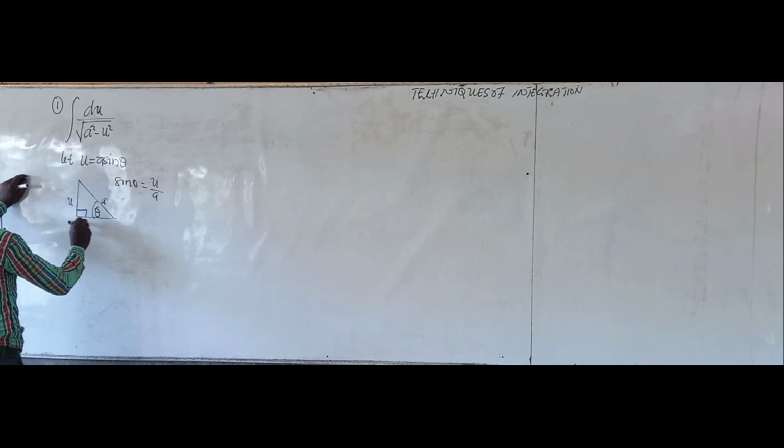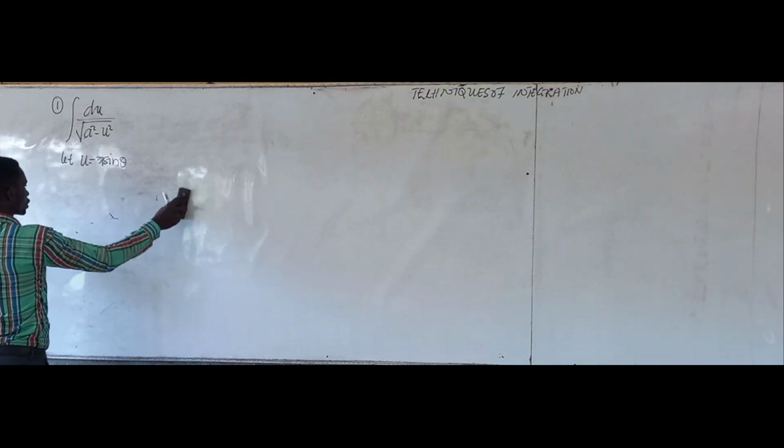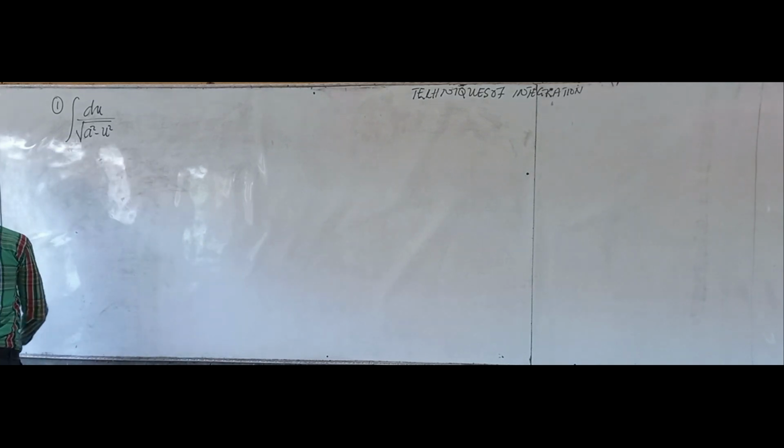So you see that here you get a squared minus u squared, because if you apply Pythagoras theorem to this right triangle, you get the square root of a squared minus u squared. That is the appropriate substitution that you should do.